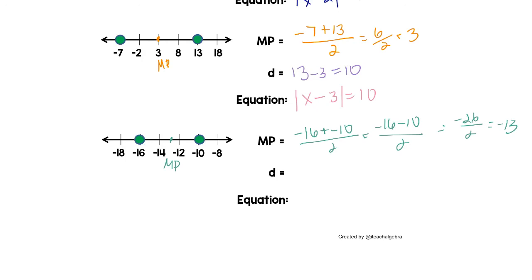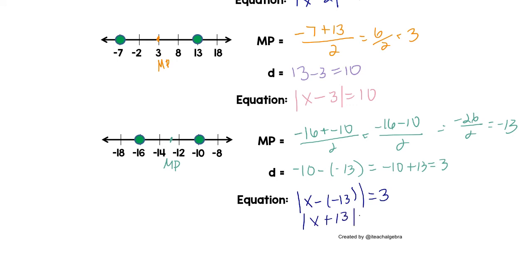The distance from the center to the end is going to be negative 10 minus negative 13, or negative 10 plus 13, which is 3. That means our equation is going to be the absolute value of x minus negative 13 equals 3. Let's simplify. Absolute value of x plus 13 equals 3.